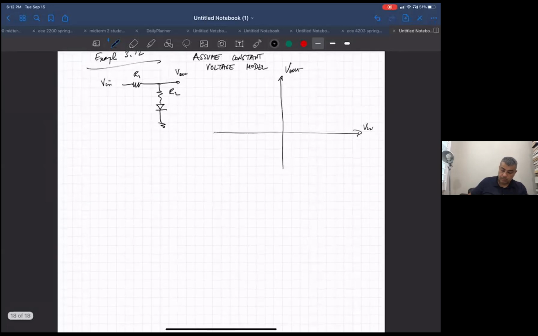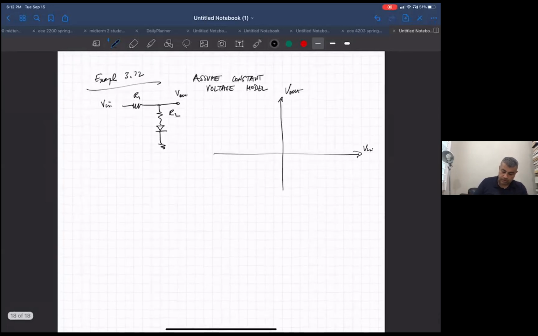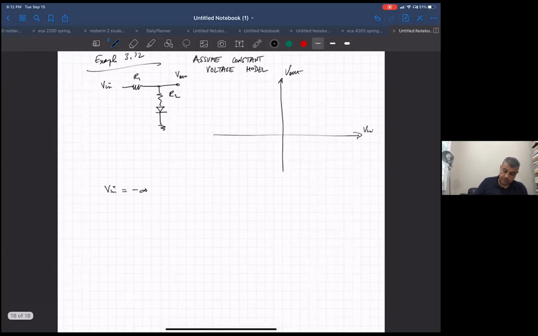Okay, we do the same analysis. First assume Vn is negative. Again, we're forcing this node to be lower than ground, meaning that we're turning off D1.